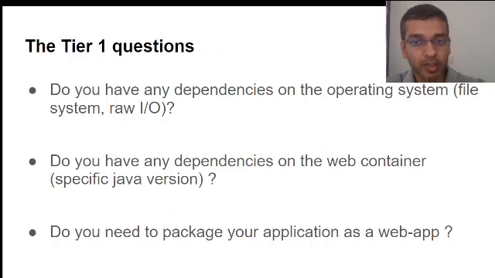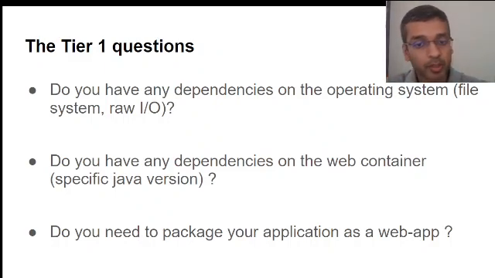So basically, the tier one questions you need to ask in order are: Do I have a dependency on the operating system? Maybe I need a specific file system. In that case, the only option that I have is getting a VM. Do I have any dependency on the web container? Specific Java versions that I need to support, stuff like that. Do I need to even package my application as a web app?